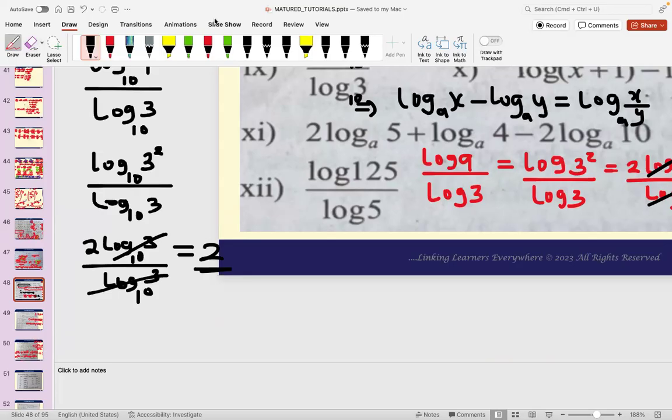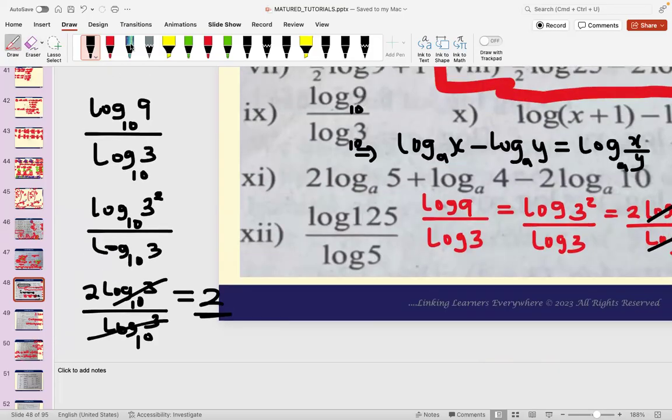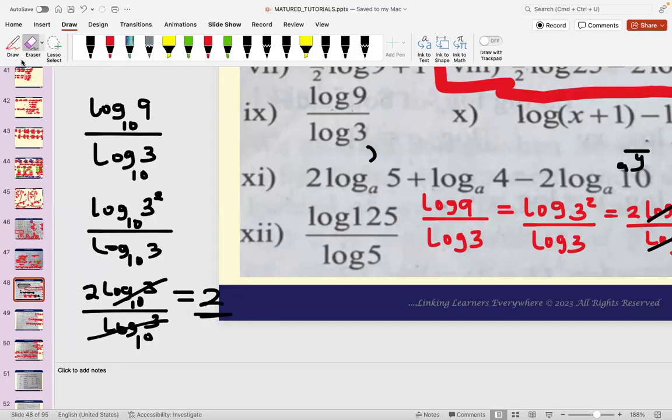Yes, I saw a hand up. Yes, Jonathan. It seems that with this one, certain laws of indices do not apply, because look at log 3 squared over log 3, where with the laws of indices you can deduct 1 from the exponent of the 3.